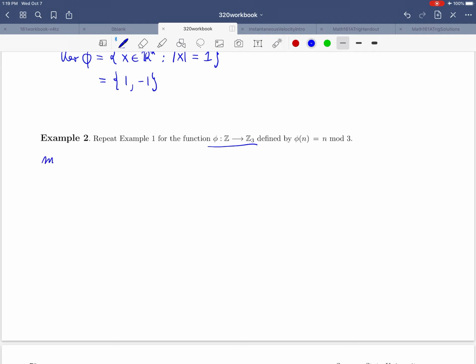So let's take two elements in Z, and let's see what phi of m plus n is in this case.